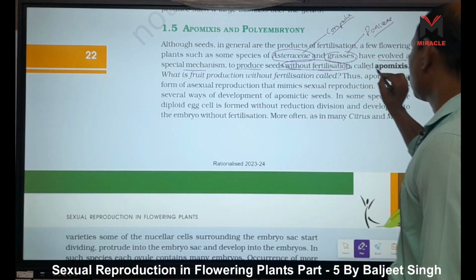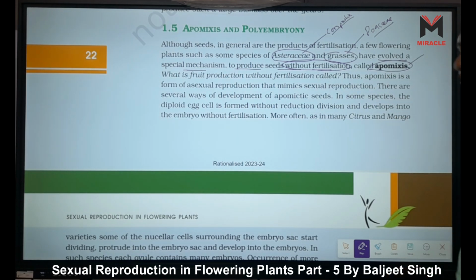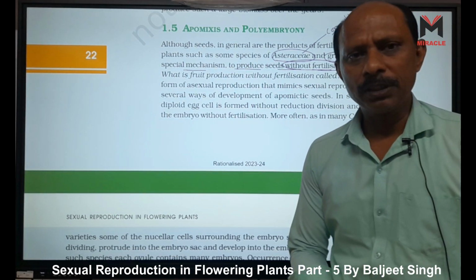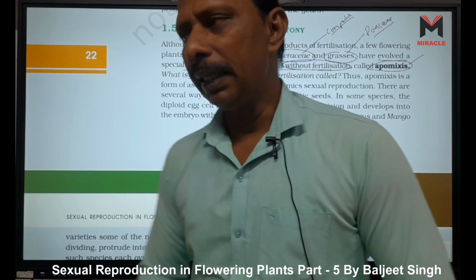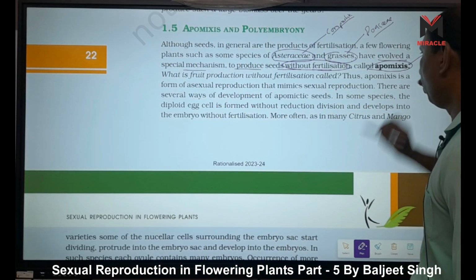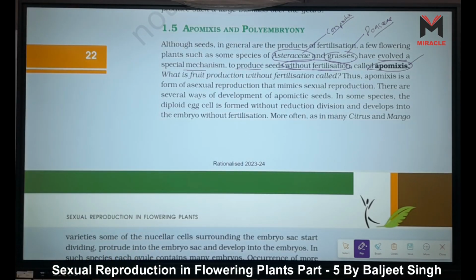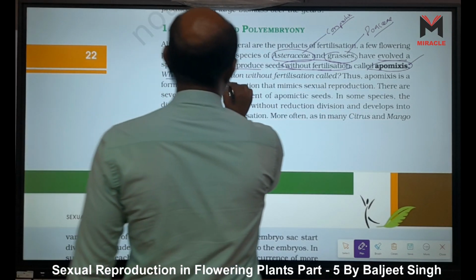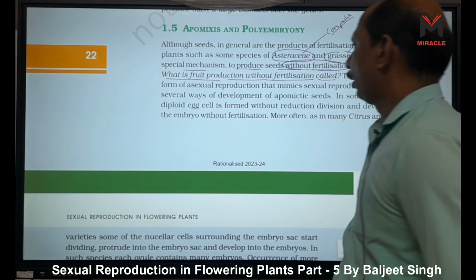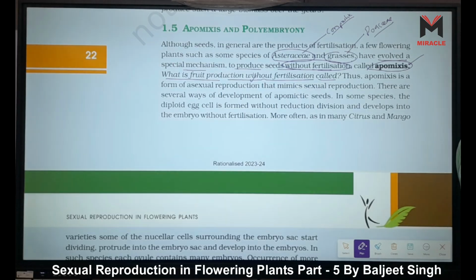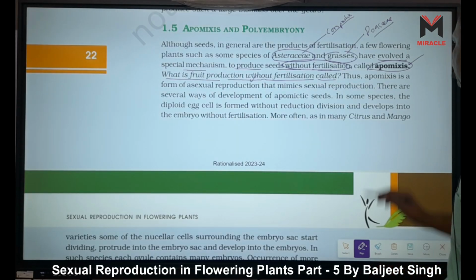Without fertilization, this is called apomixis. What is the meaning of apo? Apo means without and mixis means fusion. Means without fusion a seed is formed, now it is called apomixis, right. Fruit production without fertilization is called parthenocarpy, right.